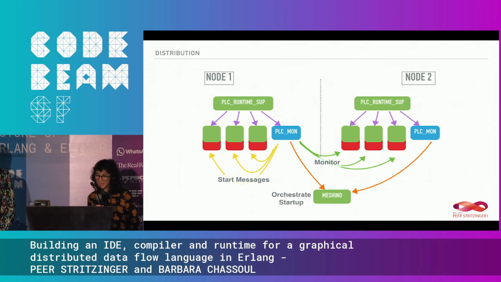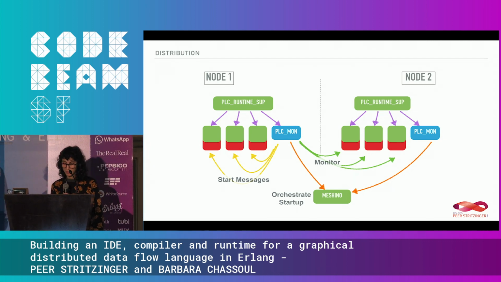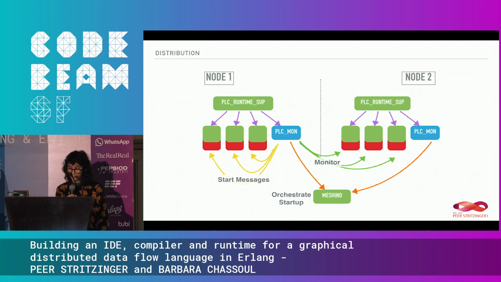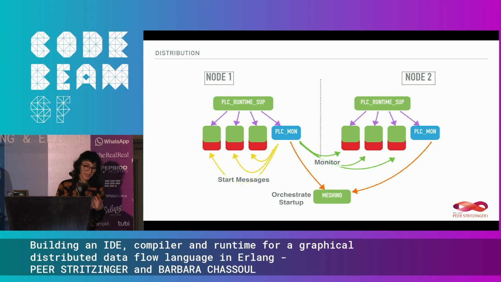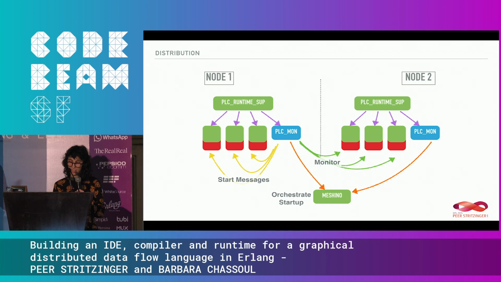And then, of course, Machine uses the GRiSP protocol and CRDTs for the startup phase. Let me start all over again. So we're doing distribution now.